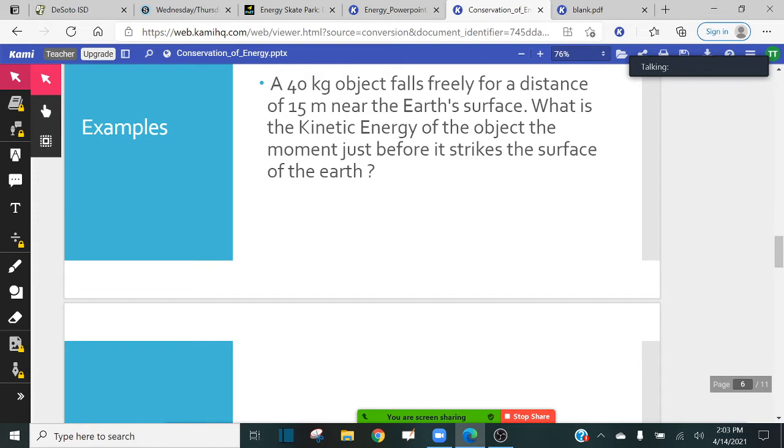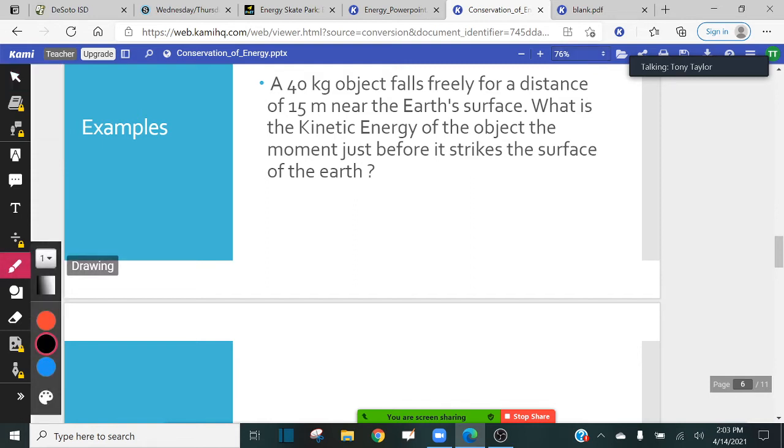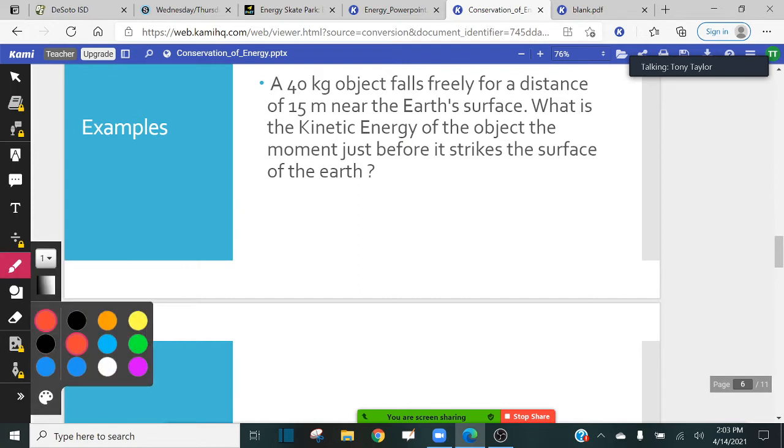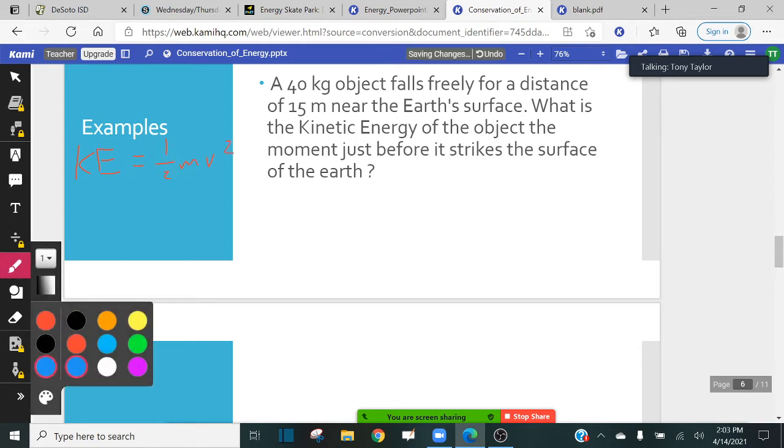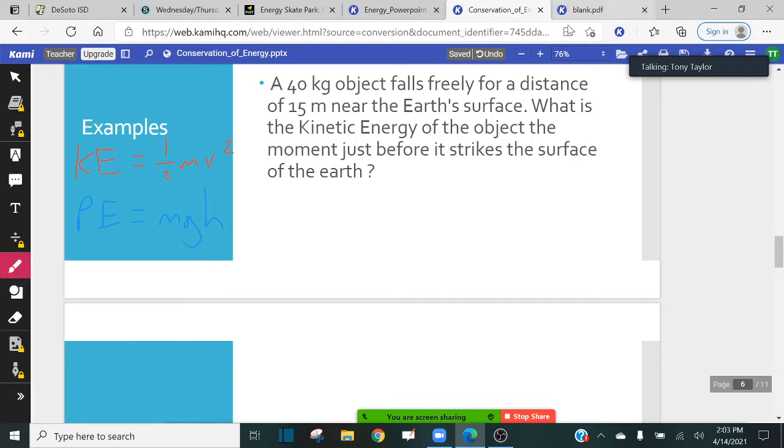Okay. Now, guys, we already know our equations for kinetic energy, which is equal to 1/2 times mass times velocity squared. We also know our equation for gravitational potential energy, which is equal to mass times 9.8 times height. And this question says, what is the kinetic energy of the object the moment just before it strikes the Earth?